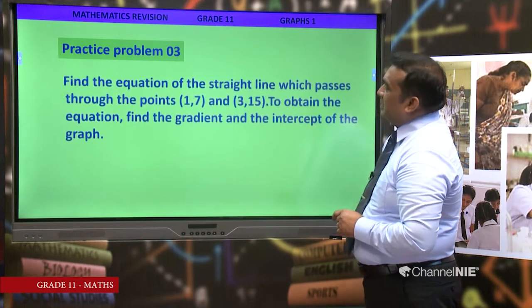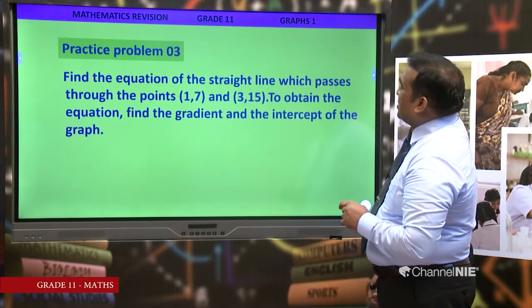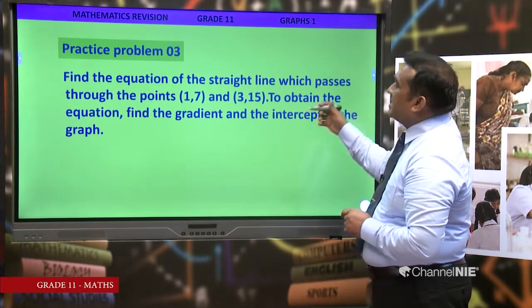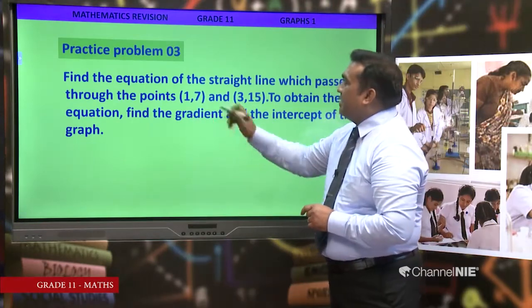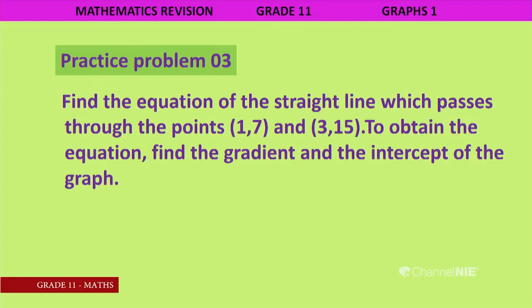Third question, find the equation of the straight line which passes through the points (1, 7) and (3, 15). To obtain the equation, find the gradient and the intercept of the graph.